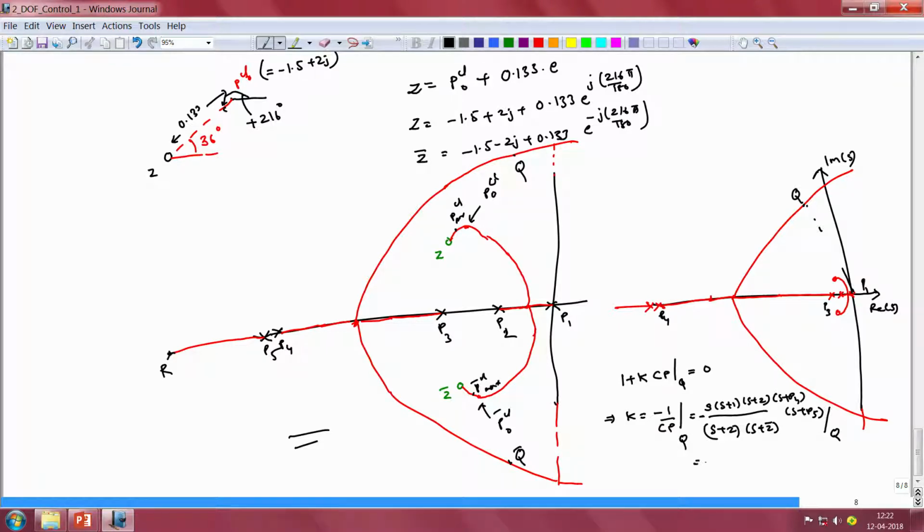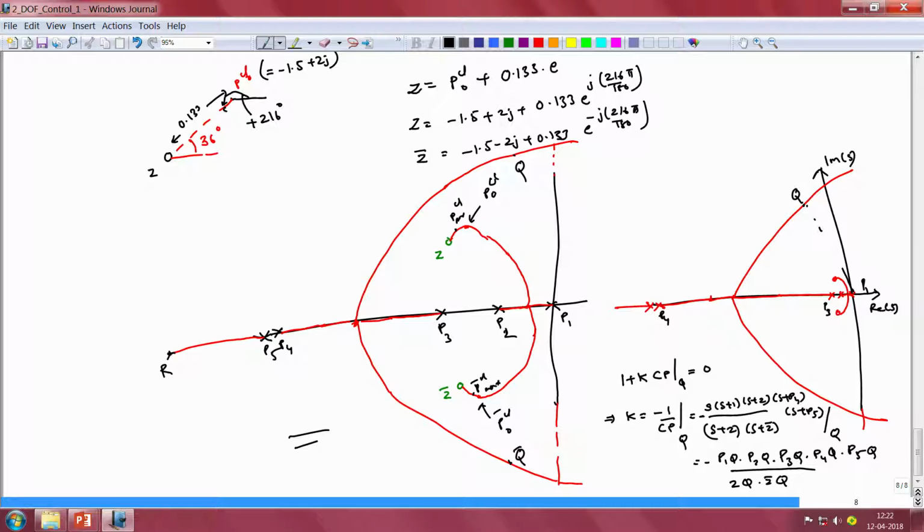So the first term therefore will be equal to p1q, and the second term, s plus 1 evaluated at the point q, will essentially be equal to p2q, and s plus 2 will be p3q, and likewise we would have p4q and p5q as the other distances. And in the denominator we have s plus z and s plus z bar, so that would be zq and z bar q. So these would be the terms.